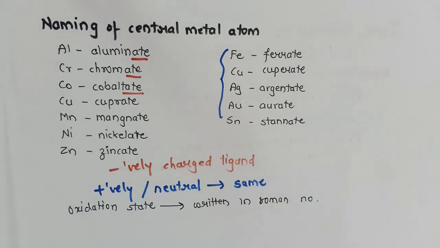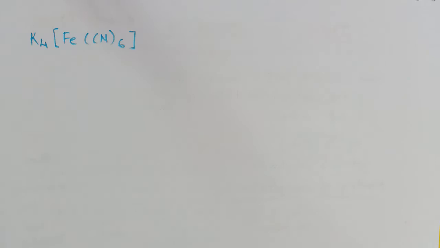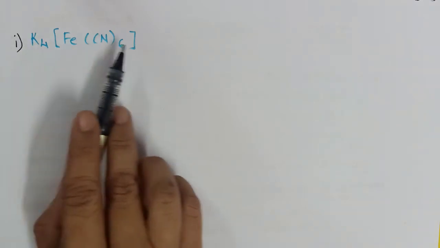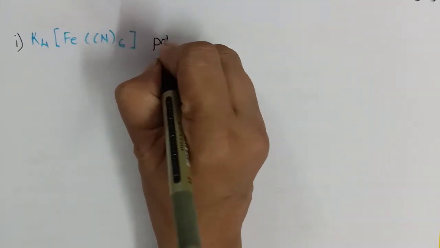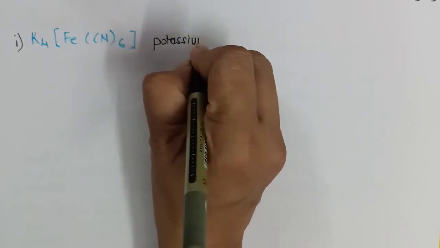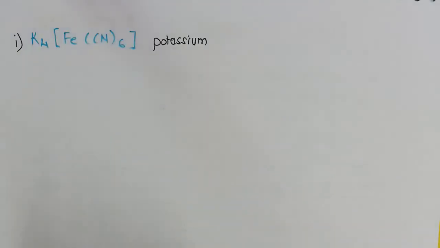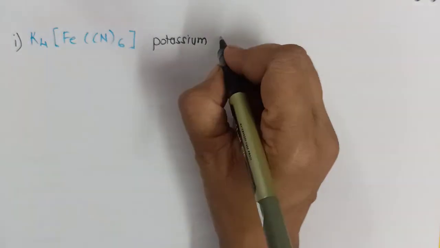So keeping all these rules in mind, we'll solve certain examples. So I will start with the simplest one. This is our first example. What's the first rule? We move from left to right. So first is potassium. Then what do I have to consider? I have to consider the number of the ligands. It is a 6, so hexa.